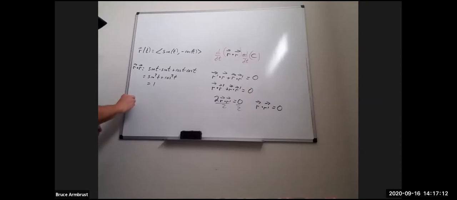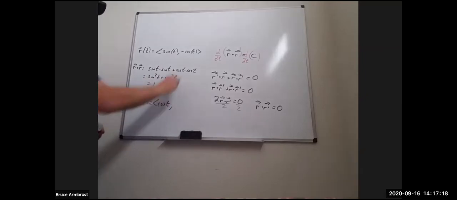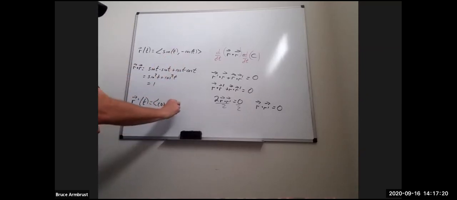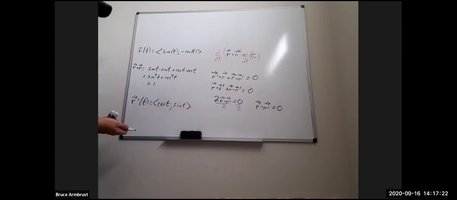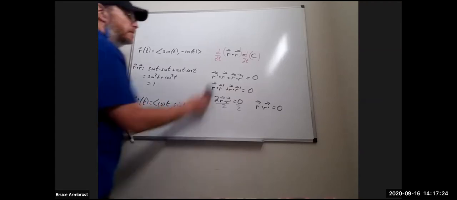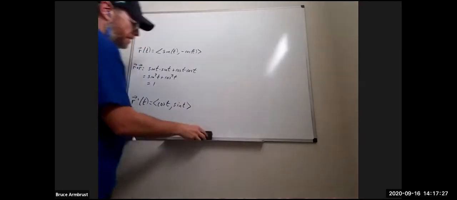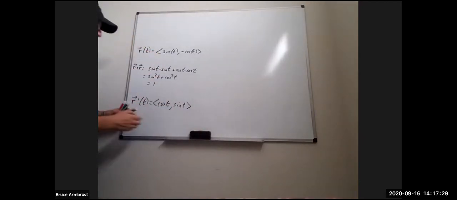Well, let's get r prime. So we differentiate sine, we get cosine. The derivative of negative cosine is a positive sine. So now take r times r prime.